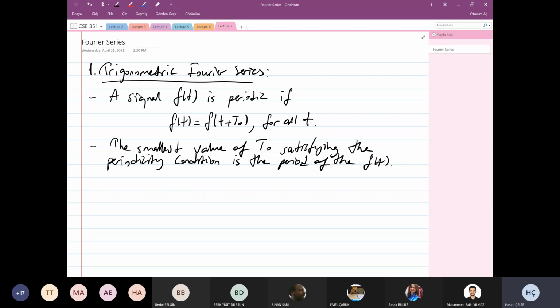There may be many T0 values that can satisfy this condition. So what we call period is the smallest value of T0 that satisfies the above condition.